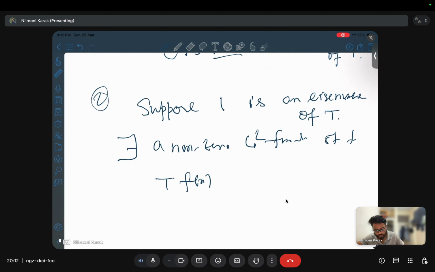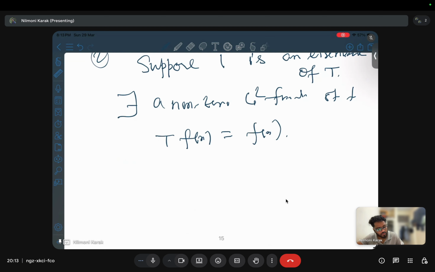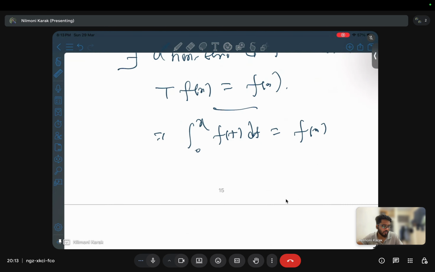So T f of x equals f of x, right? Now differentiate both sides with respect to x.